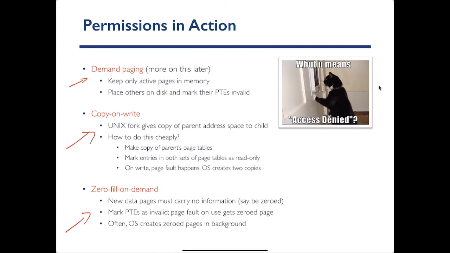Otherwise, the new process that gets this region can read what was written in the past by some other process, and that might compromise the privacy or the security of your system. So what you really want to do is to zero all those data before you allocate that region to a new process. Now, you don't necessarily need to do that. You only need to make them zero if the new process tries to read them.